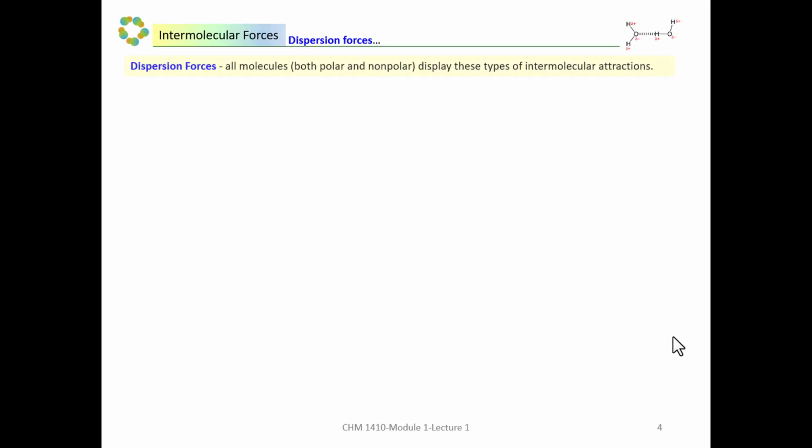So let's start talking in more detail about dispersion forces, which we introduced when we talked about chlorine, bromine, and iodine. Now remember, all molecules, both polar and nonpolar, display these types of intermolecular attractions.